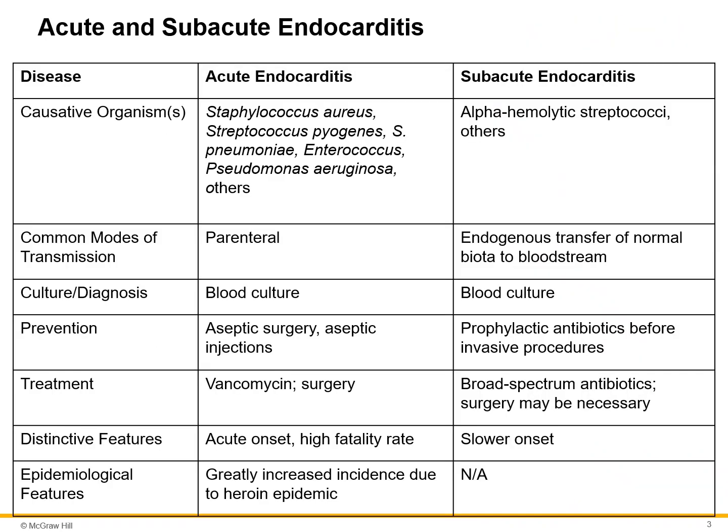Now, Staph aureus, Strep pyogenes, Strep pneumoniae, Enterococcus, and Pseudomonas can be causes for acute endocarditis, whereas the subacute is usually linked to the alpha hemolytic streptococci, the mouth flora bacteria. And so it's also associated with people who have dental surgery.